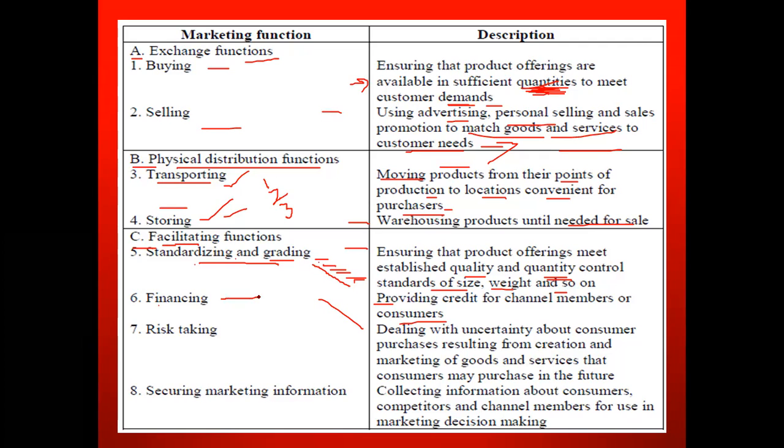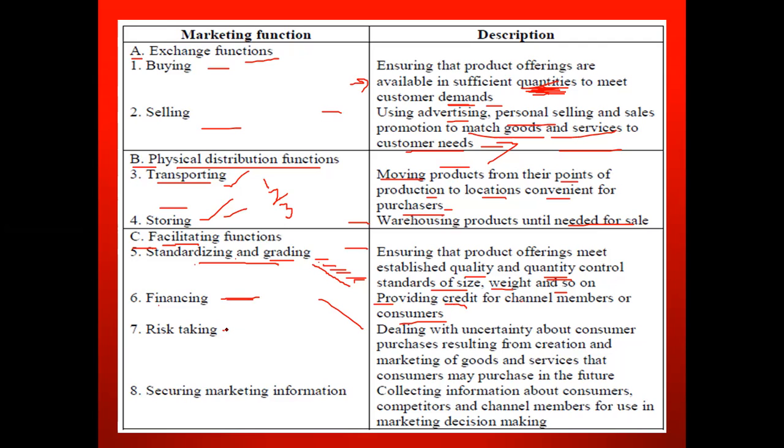So in the next 2 months, you have to show this coupon and purchase any item with some discount, right? In the same way, the financing function will facilitate credit for the channel members, the retailers or the wholesalers, those who are buying regularly in those companies.